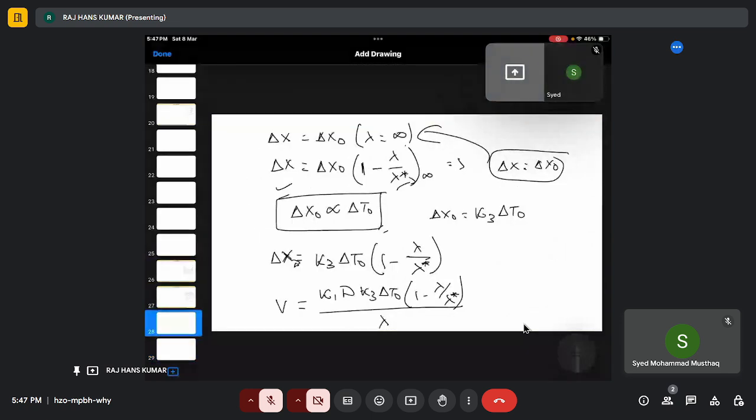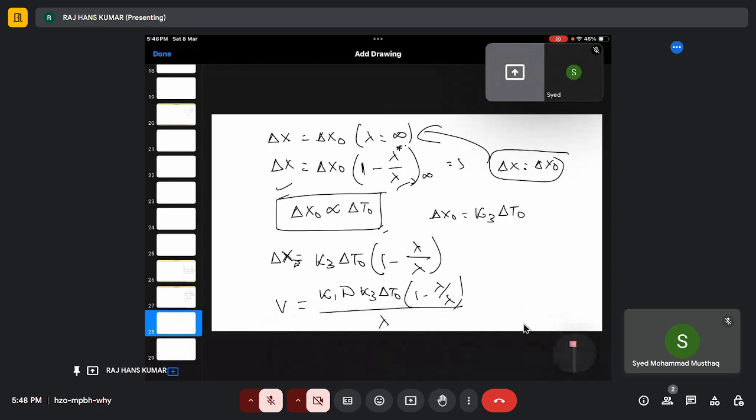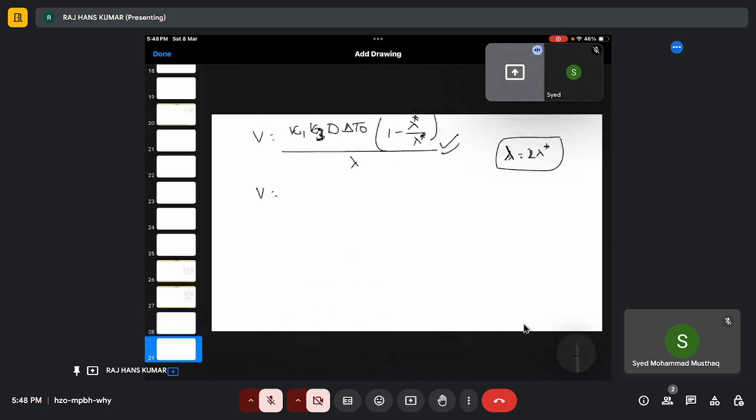This is lambda star upon lambda. This one is correct. Yeah. Lambda star, we'll have lambda star here. Again, we will have another lambda star upon my lambda.